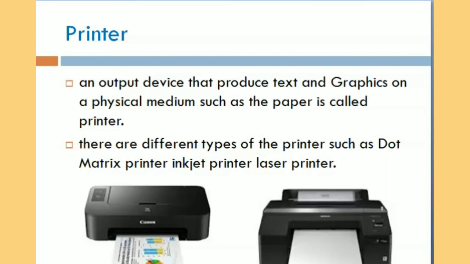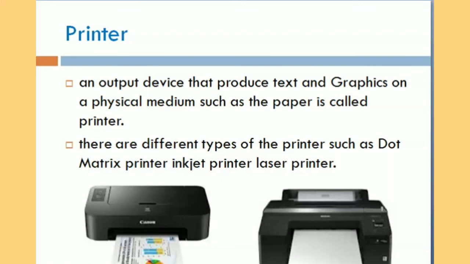There are various types of printers available in the market today, depending upon their speed and the quality of the print. Some printers can print only in black and white, although most printers today give color printouts. Printers can be divided into two main groups, impact printers and non-impact printers.